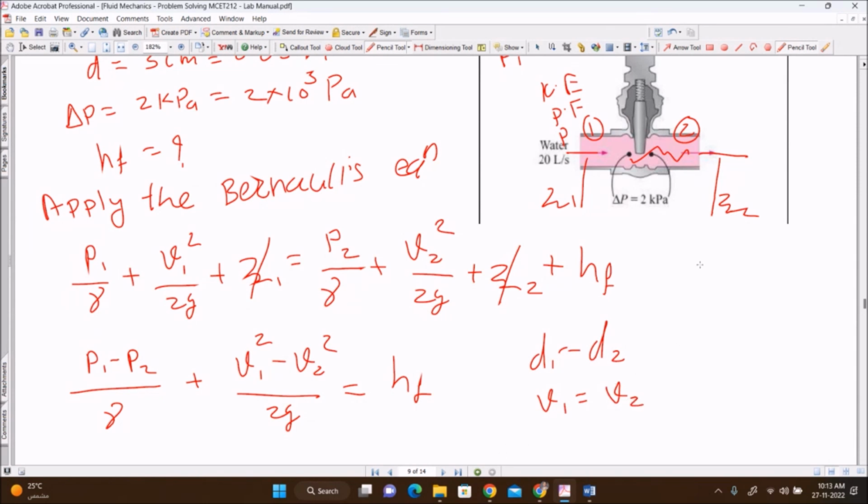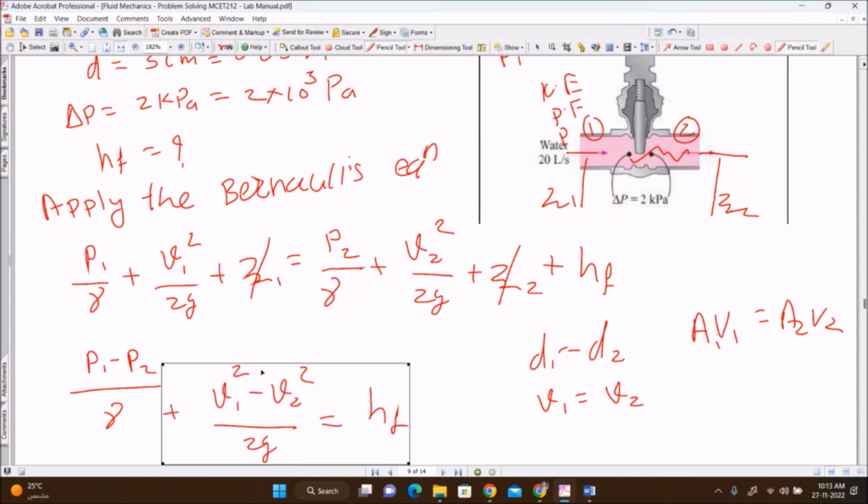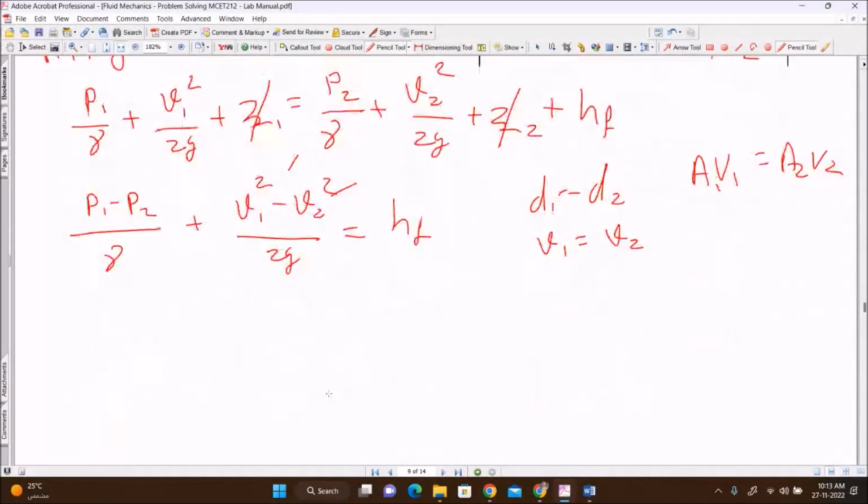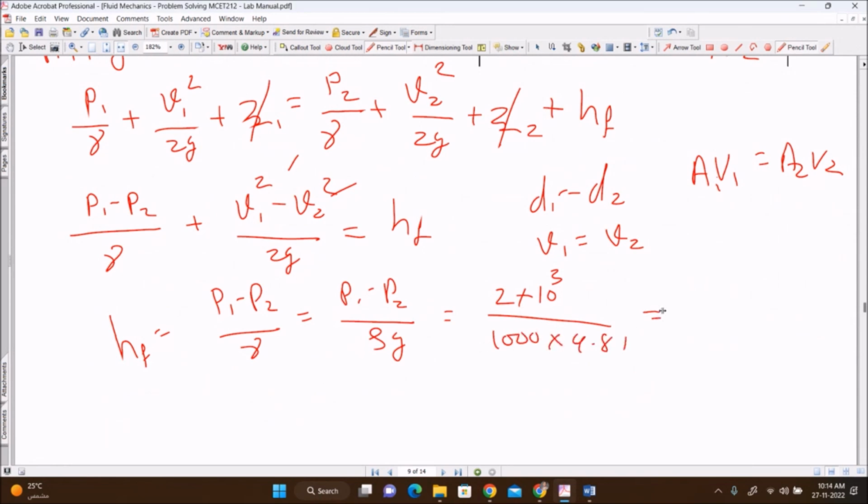As A1 and A2 are the same, velocity V1 and V2 are the same by the law of conservation of mass: A1 V1 is equal to A2 V2. If area is the same, velocity is the same. Here V1 and V2 are the same, so they cancel. So we can write HF is equal to P1 minus P2 by gamma, which is 0.2038 meters of water. So this is the head loss due to friction.